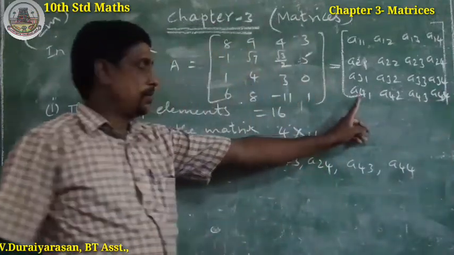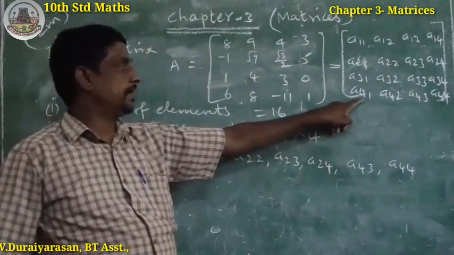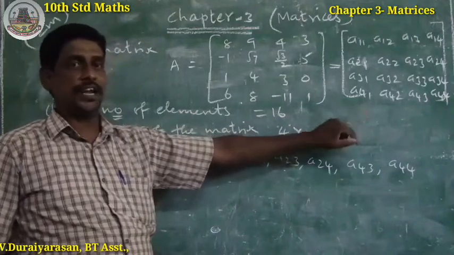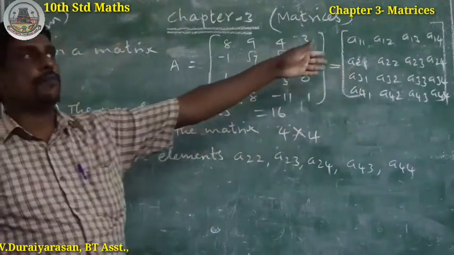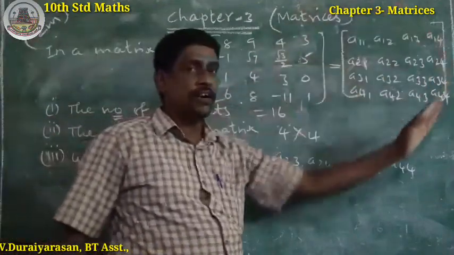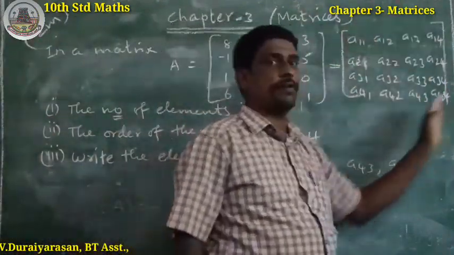Only 4 rows. So stop it here. 5, 6 is not enough. Okay. So the given matrix is a 4 by 4 to create the general form.